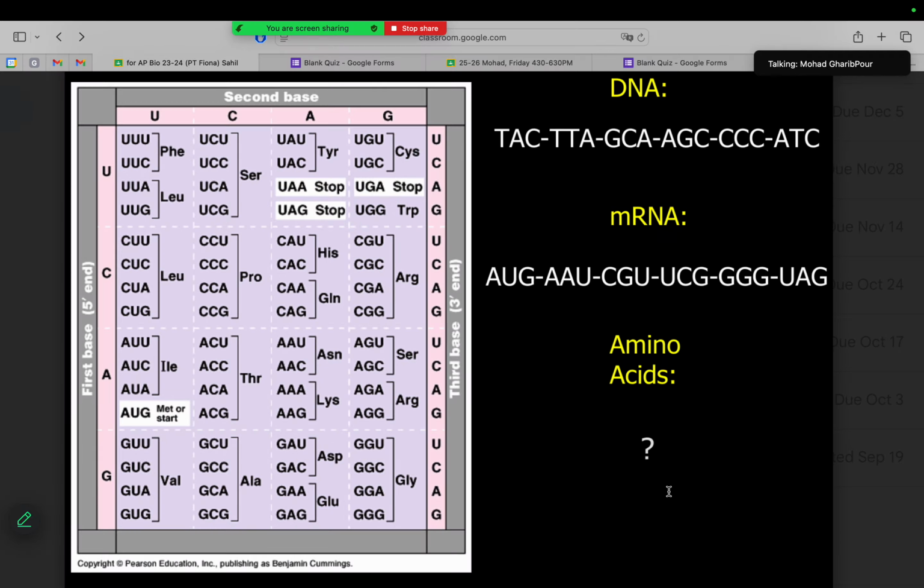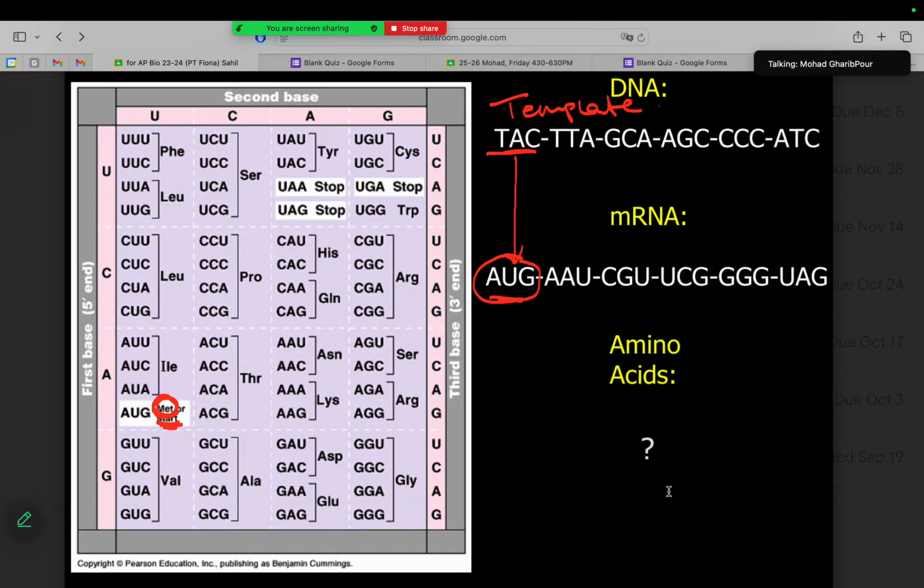You just go down each codon and find your amino acid. So clearly this is the template strand, because they've had to convert from this to this, AUG, and that actually makes sense because AUG, which is my methionine, is always the start.